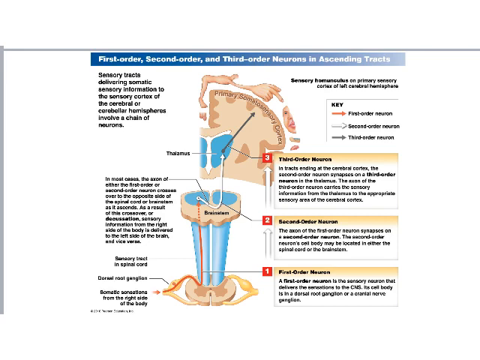Then that's going to go up the spinal cord and synapse somewhere else, perhaps in the brainstem, and we call that the second order neuron. Then from the brainstem, it's going to go up to the cerebrum, to the higher parts of your brain, and we would call that the third order neuron. Sometimes there are fourth order neurons, and we just keep building depending on how many synapses and neurons there are between the original sensation and the brain.